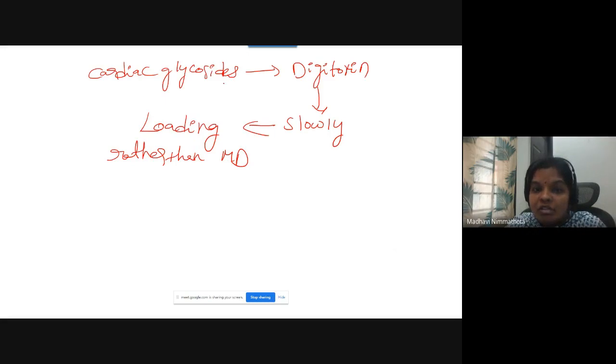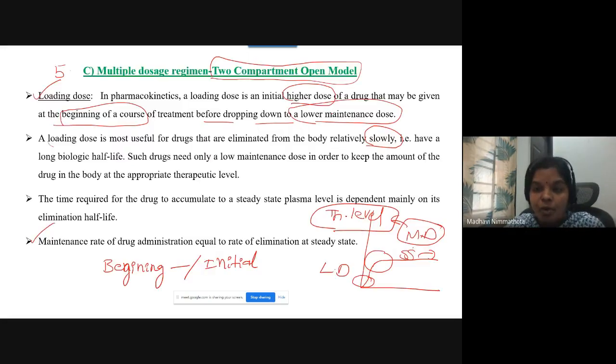So in this case of the drugs, you can prefer the loading dose rather than a maintenance dose. Okay, so this drug can be eliminated very slowly from our body. That is, it is having long biological half-life. If your drug is slowly eliminated from our body, what does it mean? It is having a long biological half-life.